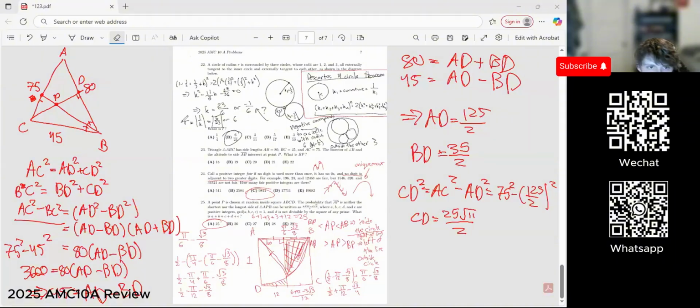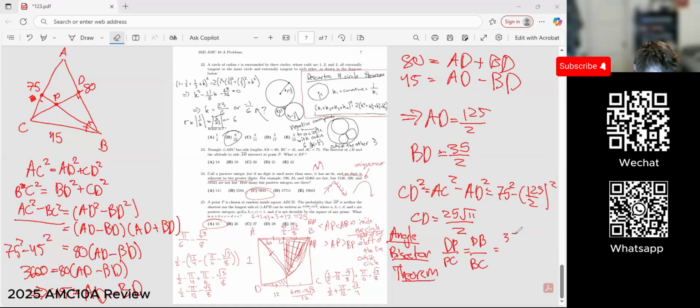Now, according to the angle bisector theorem, which comes from similar triangles, I guess, but we don't need to go that deep, DP over PC is equal to DB over BC.